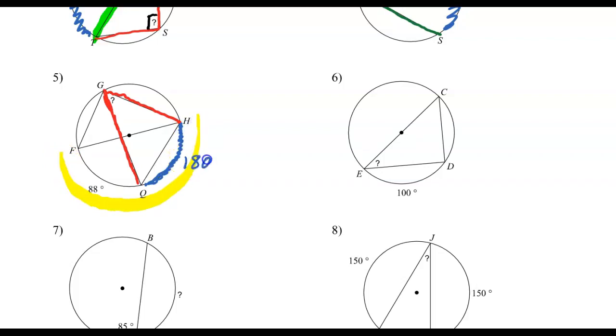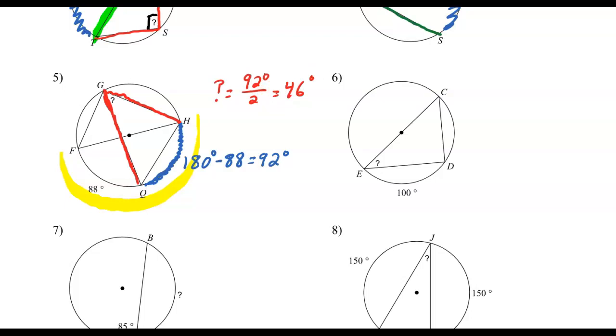So the blue arc is 180 minus 88, which is 92 degrees. So to get the red angle is half of 92, or 46 degrees.